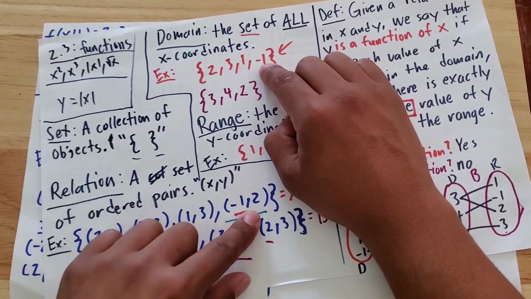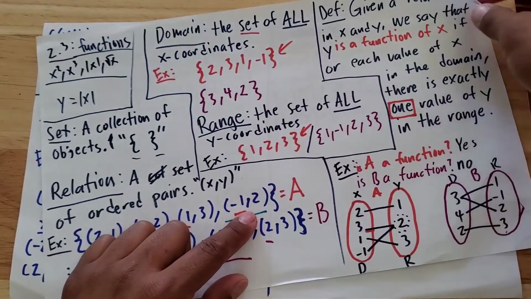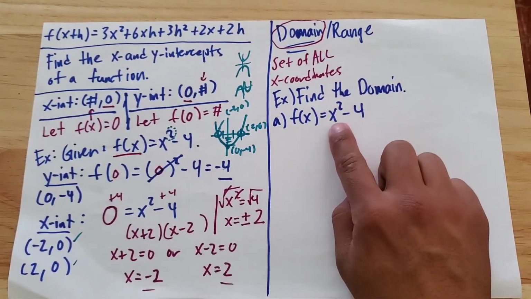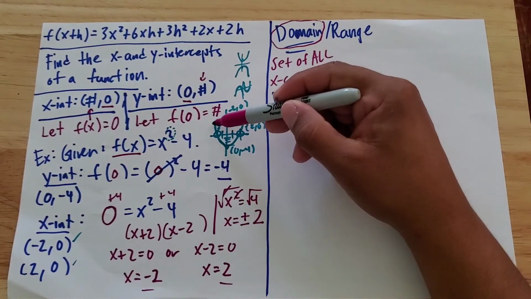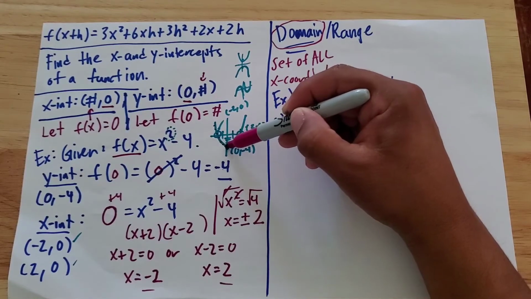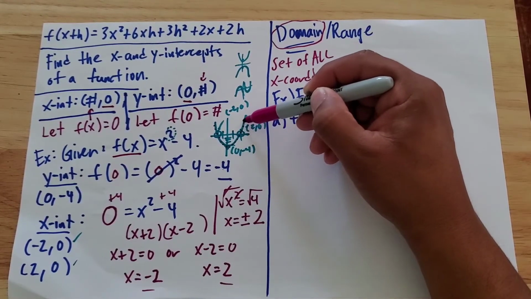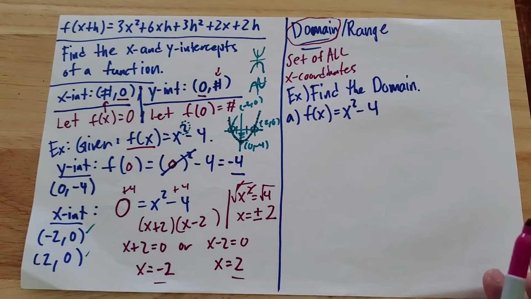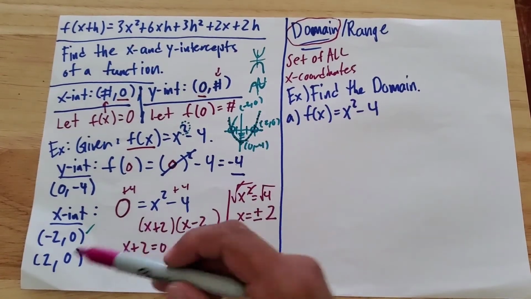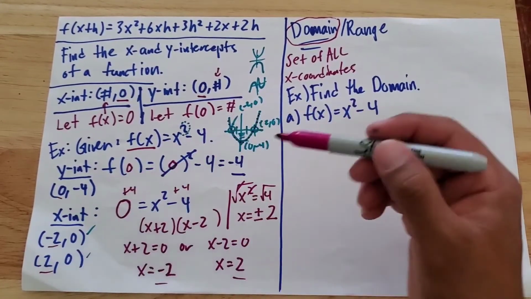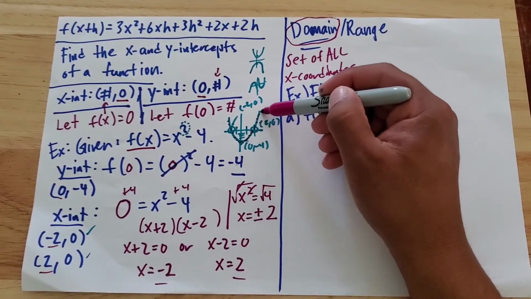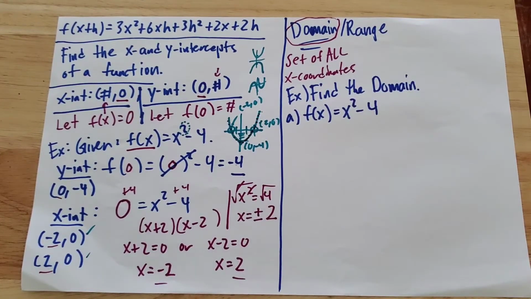But here I'm not only looking at 4 ordered pairs. I already know that this is some type of parabola that has an infinite amount of ordered pairs. I can't list out this 0, this -2, this 2, and every other single x coordinate on this graph. There's too many. I can't write these by hand.